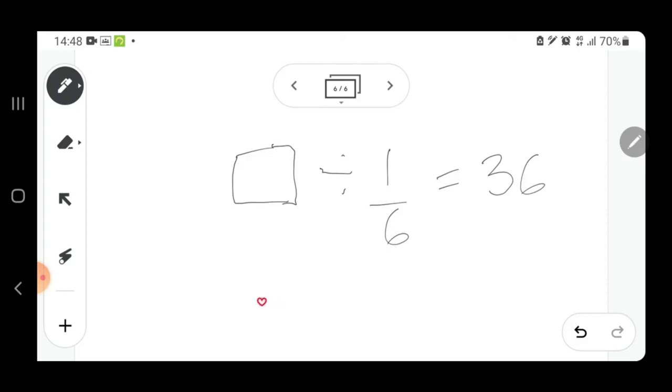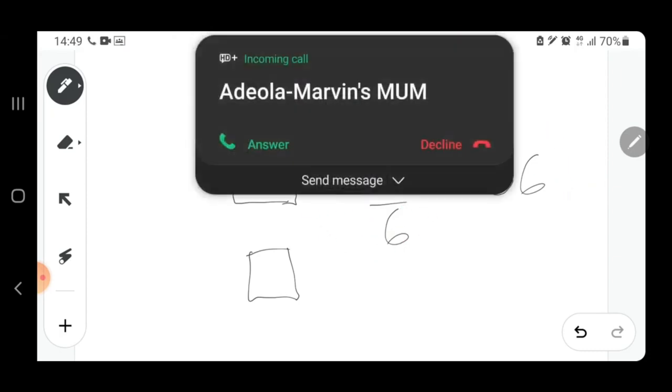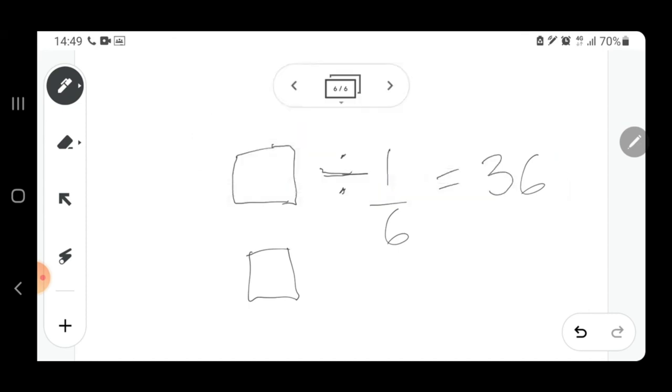Another way out is this. Leave the empty box here. Take this division sign together with this 1/6 out of this side and take it to the other side. It's going to look like this: 36, and remember, we brought it to the front, not to the back, times 1/6, because it's coming to the right.